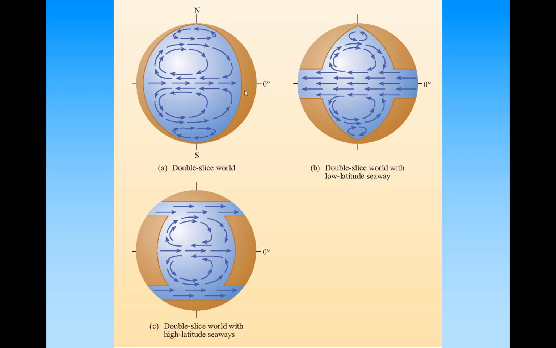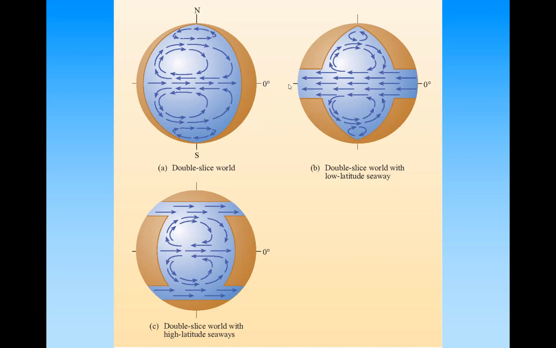So there's a transfer of heat from the equatorial area, from low latitudes, towards high latitudes. Well, this transport of heat, as we'll see when we look at the properties of water and the circulation of air, is affected by the kinds of land barriers that it encounters.